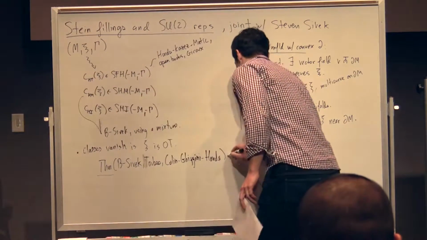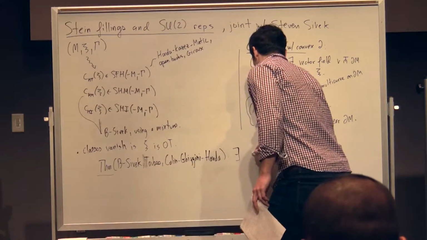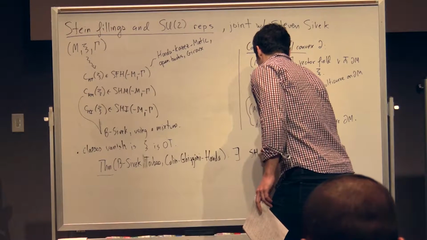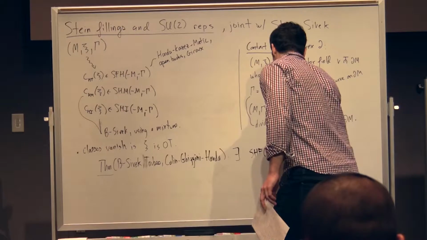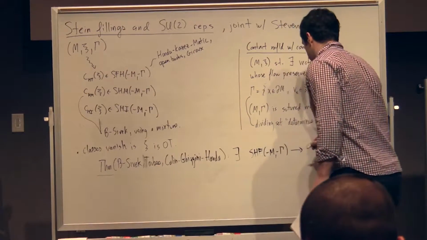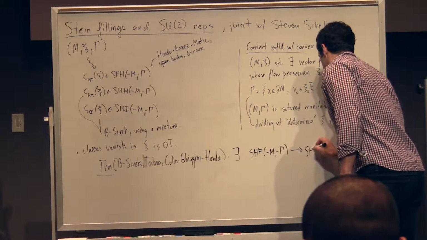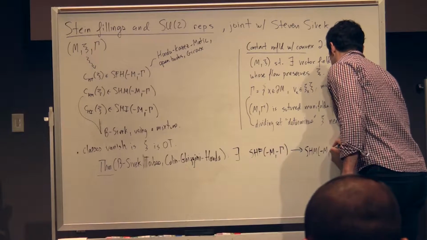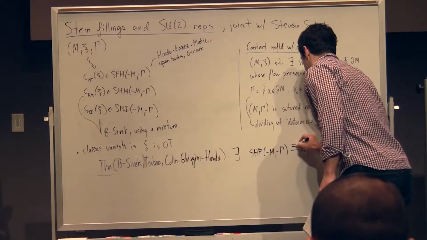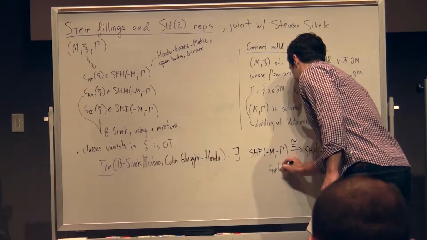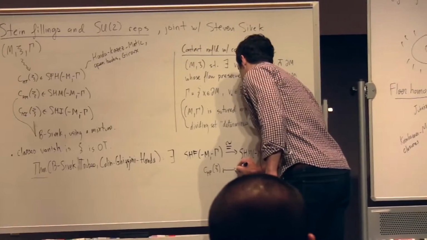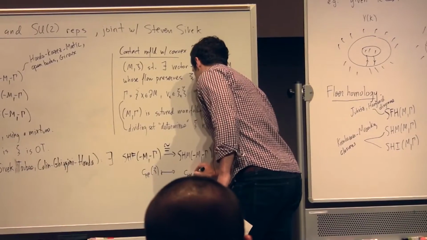In other words, there exists an isomorphism from sutured Heegaard Floer homology to sutured monopole Floer homology, which sends the Heegaard Floer contact invariant, or identifies the Heegaard Floer contact invariant with the monopole Floer contact invariant.